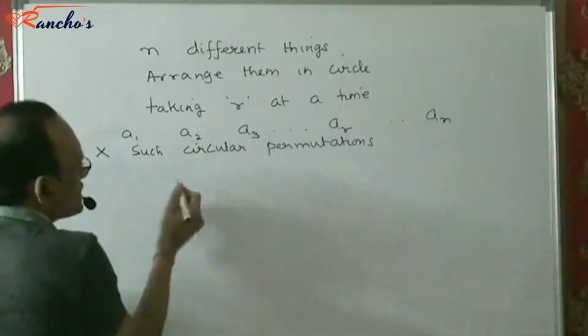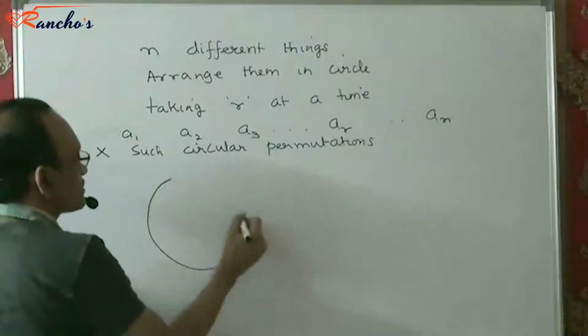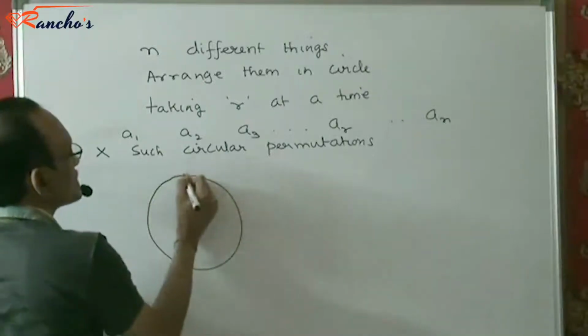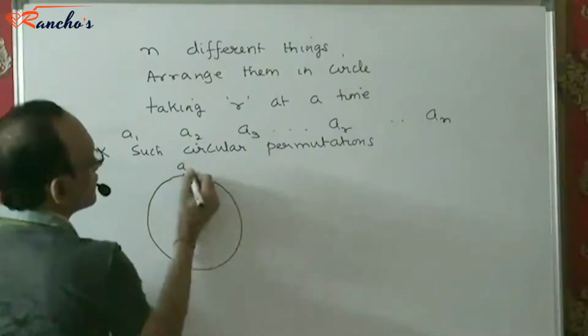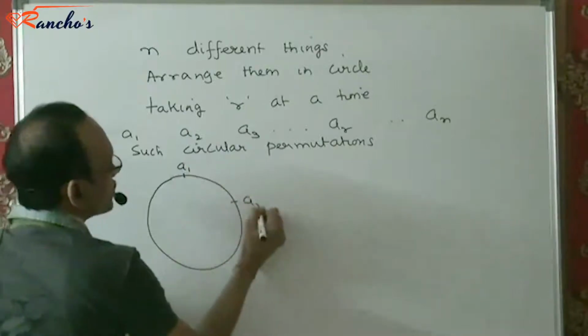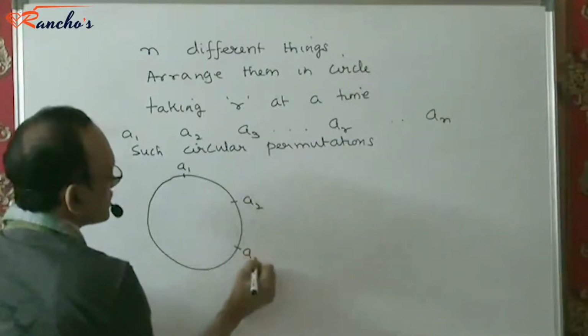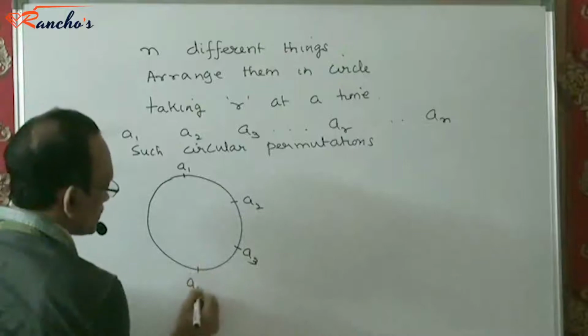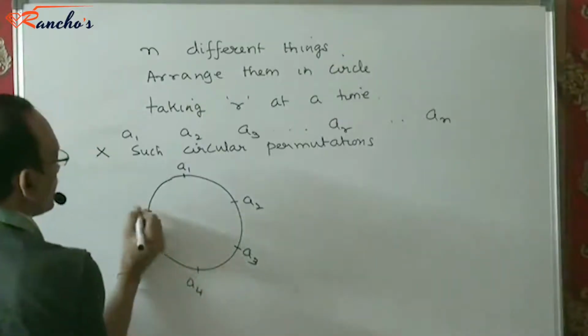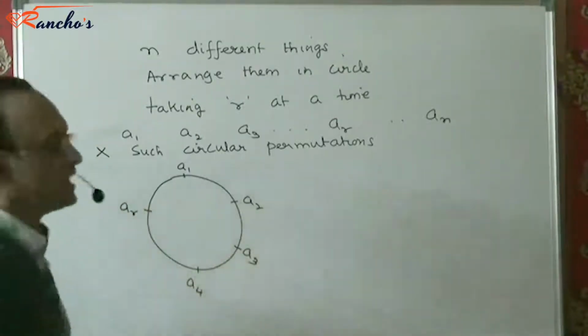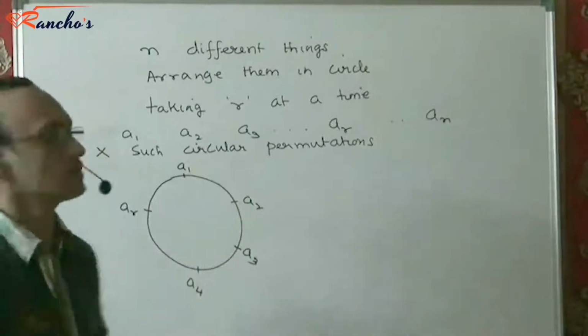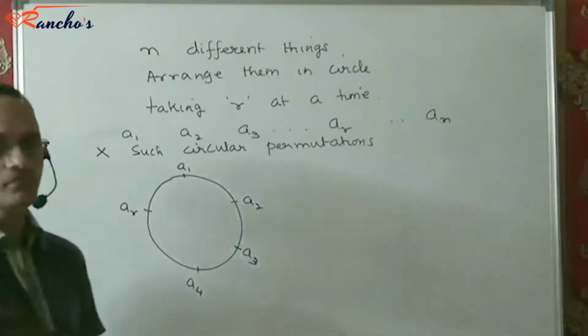One of these x circular permutations is, say, a1, a2, a3, a4, ar.